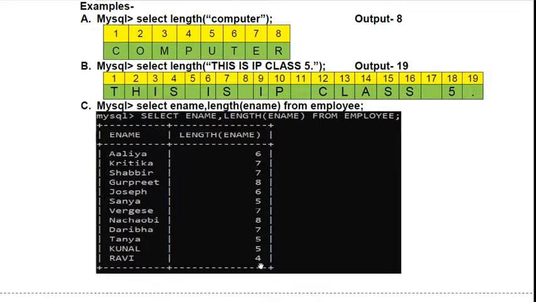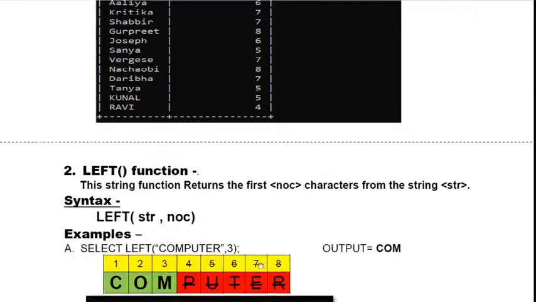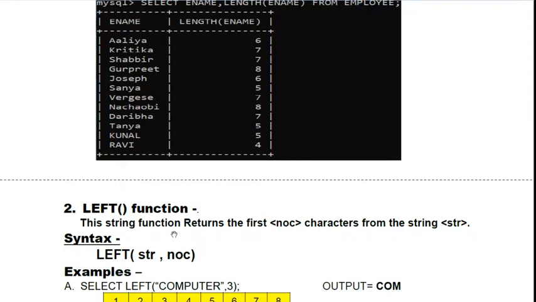Okay. Now the next function is the left function. This string function returns the first specified number of characters from the string. The general syntax is left, string, then the number of characters, how many letters you want to read.